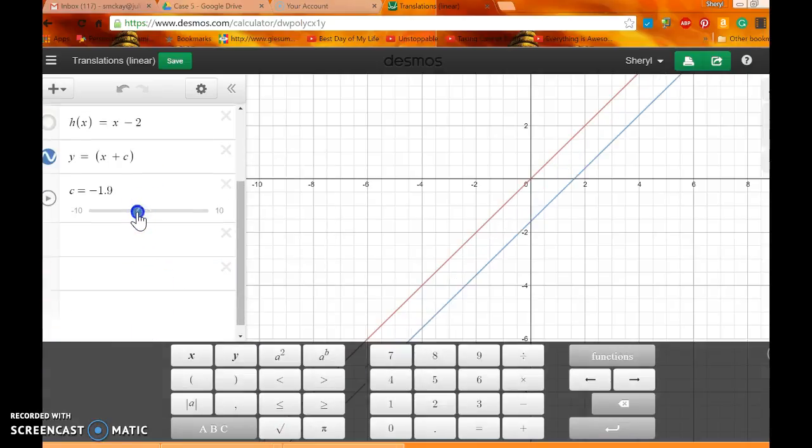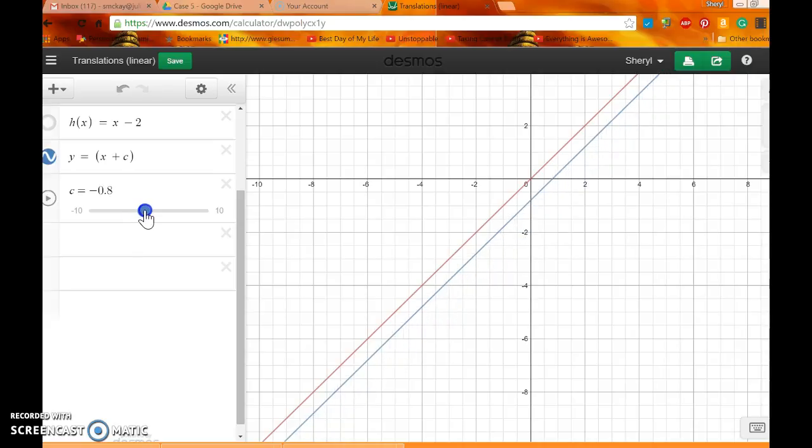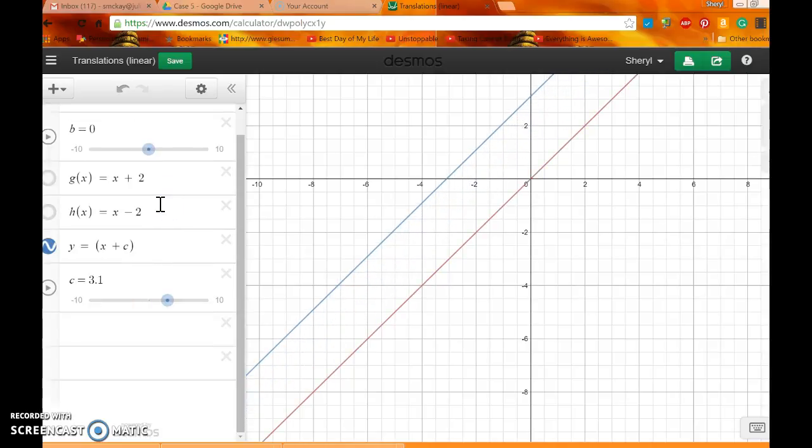Not what I wanted to do. Having trouble finding 0. There we go. When I move it to 0, now I want you to see what happens. When I make the c positive, what happens to the line? Does it slide to the left or to the right? I'm making my c positive, but my line is sliding left, isn't it?